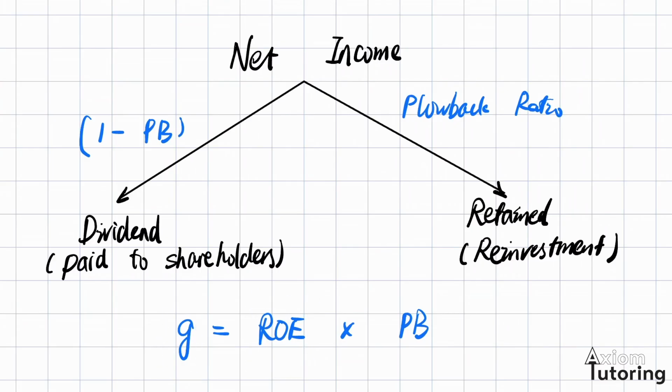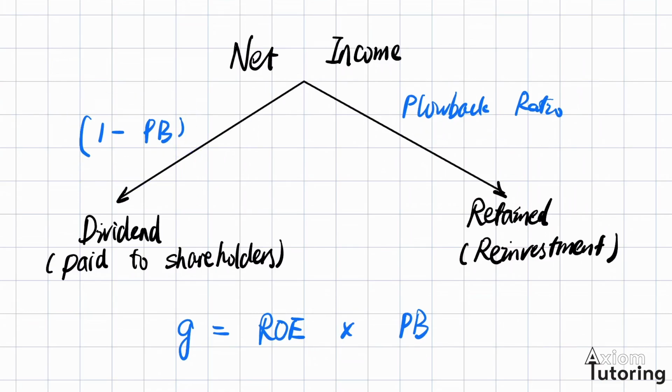Let's think about another extreme case, in which the company pays out all its earnings as dividends. You can think of a company that, after carrying out its operations and having its earnings, does not keep any of these earnings but rather pays them to the shareholders. That is a 0% plowback or 100% payout.